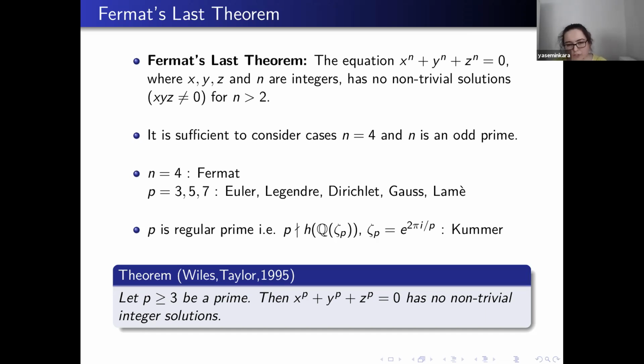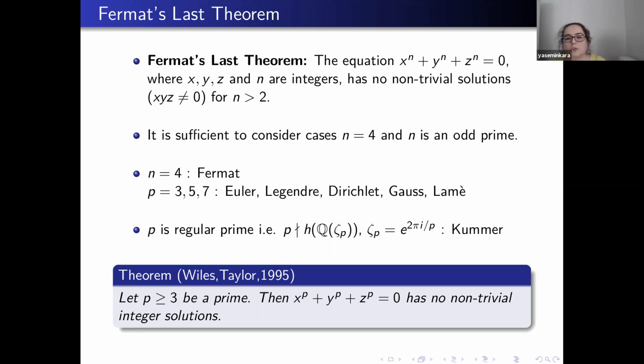And finally, in 1995, Wiles and Taylor proved the statement for any prime bigger than or equal to 3. So they proved that the Fermat equation has no non-trivial integer solutions. Of course, between Kummer and Wiles, there are many developments, but I didn't write all of them.